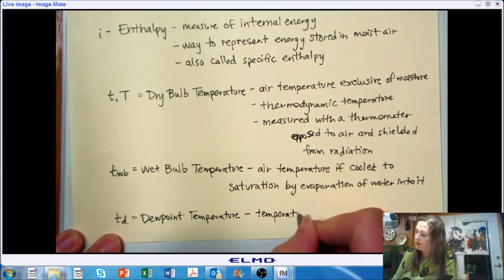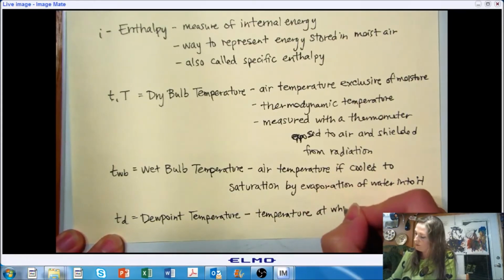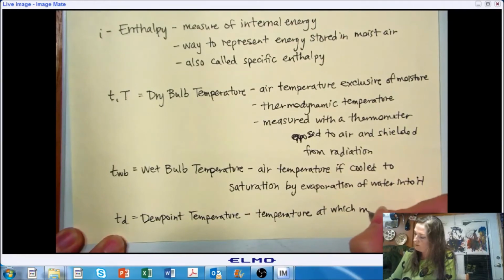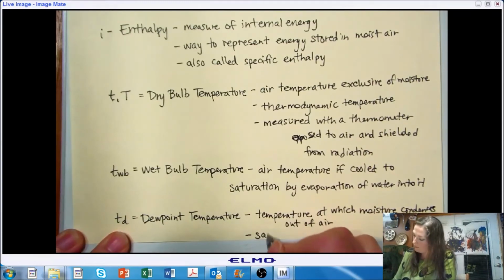It's also called the saturation temperature. It's the point at which the air can hold no more moisture.